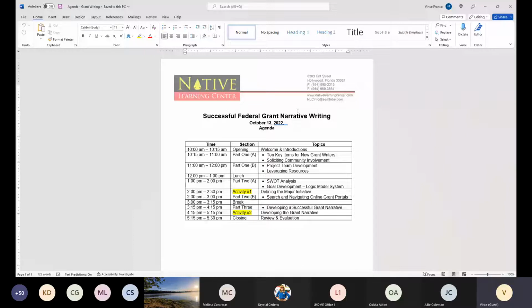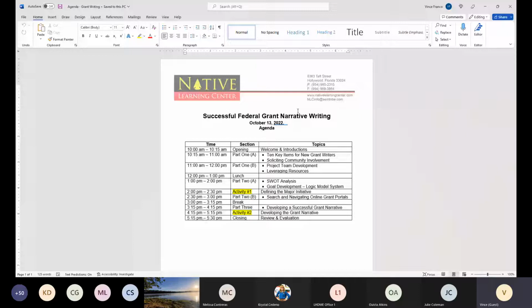Then we'll have an activity. It's called defining your major initiative, and Crystal and Oista and Lewis will help me with that group activity. And then we'll go into the second half of the afternoon and get into searching for grant opportunities.